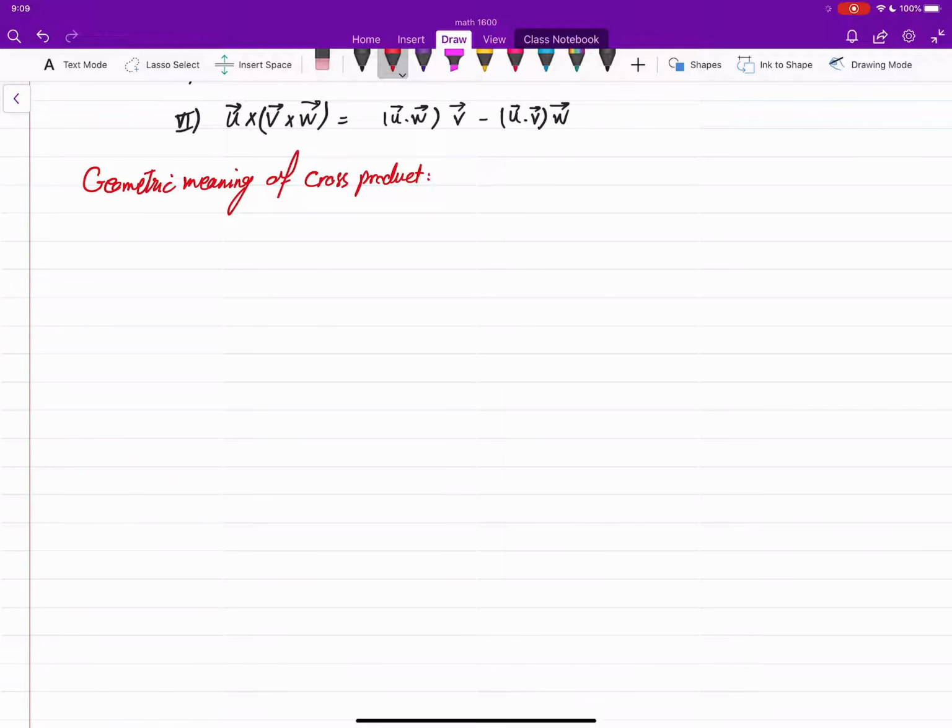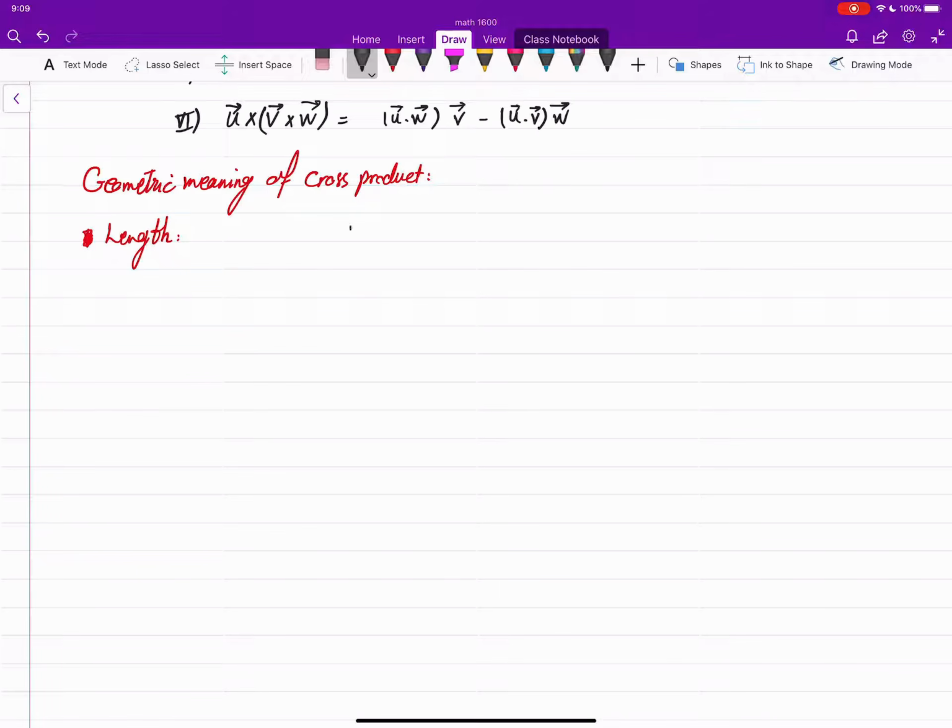Every vector, so u cross v is a vector. You can say that every vector is determined by its direction and its length. What is the length of u cross v? What is the direction of that? I will get back to that very soon.